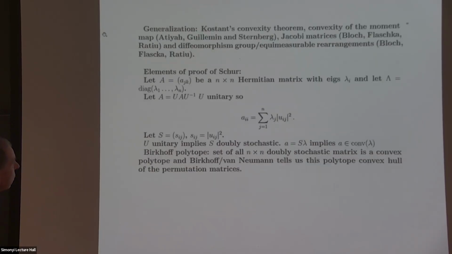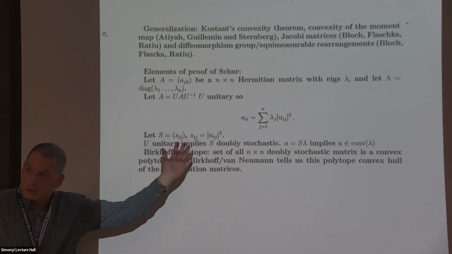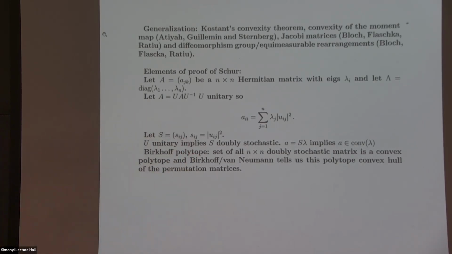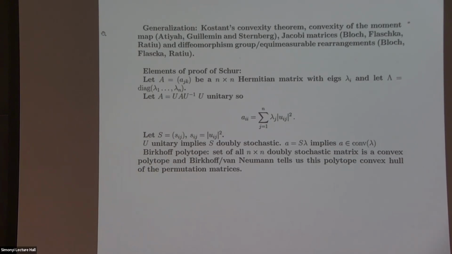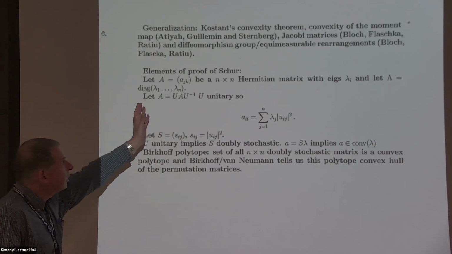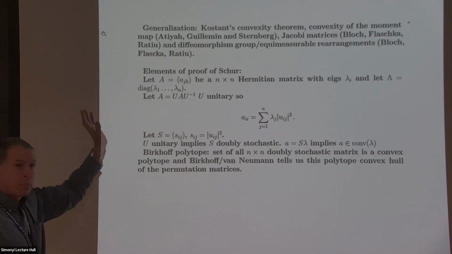And it generalizes in all sorts of interesting ways. Firstly, there was a generalization by Bertram Kostant at MIT. This Kostant convexity theorem generalizes to arbitrary Lie groups and their algebras. So it doesn't have to be a Hermitian matrix. It could be your favorite semi-simple Lie algebra. And then it also generalizes to the Hamiltonian setting, to the so-called moment map.